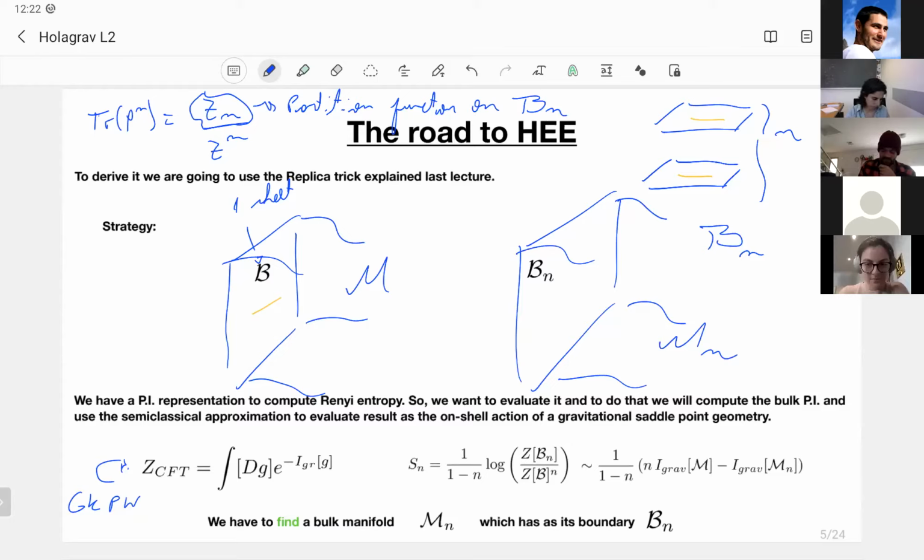And from what we saw yesterday, you see that the Renyi entropies are the logarithm of the quotient of this thing that I wrote here. Using GKPW, at the end, in gravity, what you have to compute is this combination of things. You have the dual of the manifold Vn and the dual of the manifold M. Here we have to find this manifold.